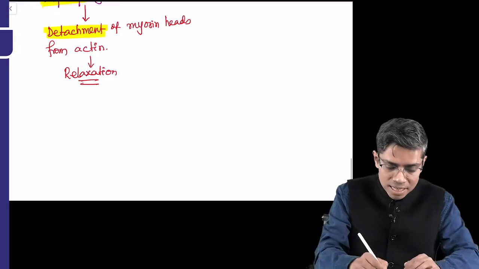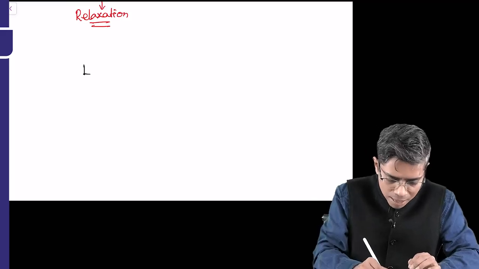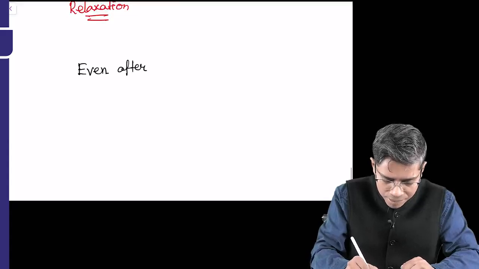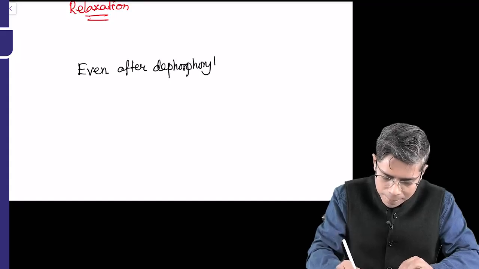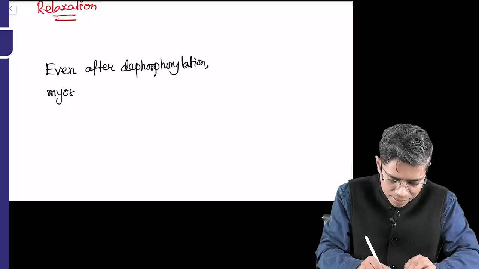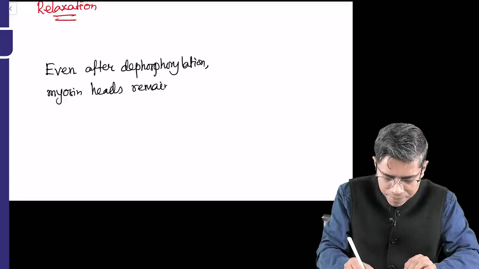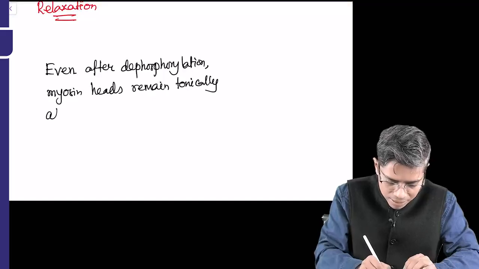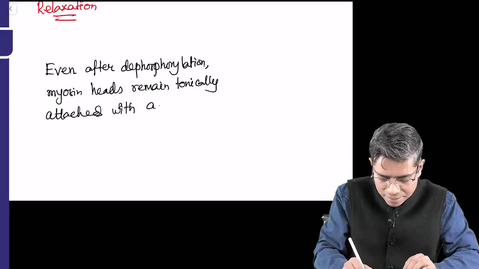So dephosphorylation ideally should cause detachment, but I am saying that in certain smooth muscle, even after dephosphorylation, myosin heads remain tonically attached with actin, right?